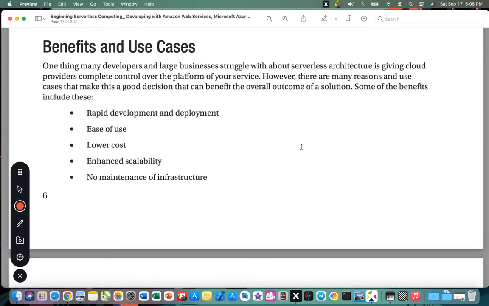Benefits and use cases. One thing many developers and large businesses struggle with about serverless architecture is giving cloud providers complete control over the platform of your services.